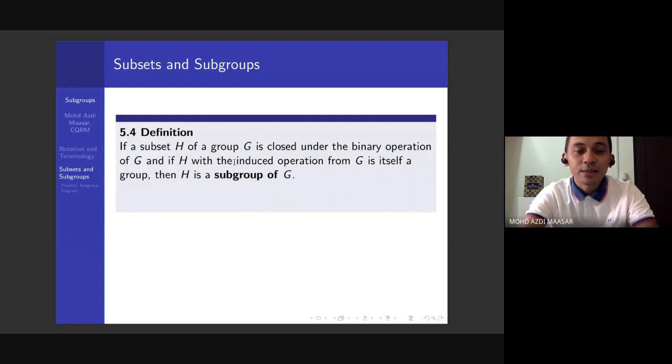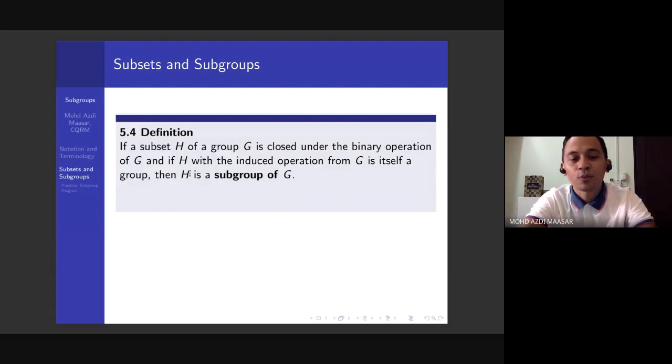Next, you need to check whether the identity is in H. It means that the identity in G is also in H. Finally, for each element in H, you must also have its inverse in H. Then H is a group.